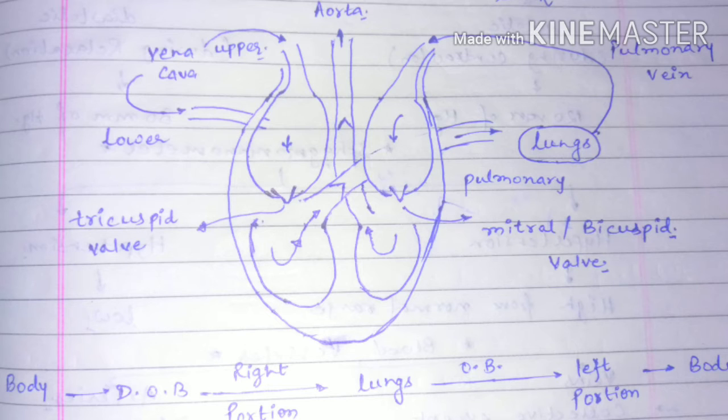Then this deoxygenated blood from the right ventricle goes through the pulmonary artery into the lungs, and there the deoxygenated blood is converted into oxygenated blood. We discussed that in respiration: at the alveoli deoxygenated blood is converted into oxygenated blood.